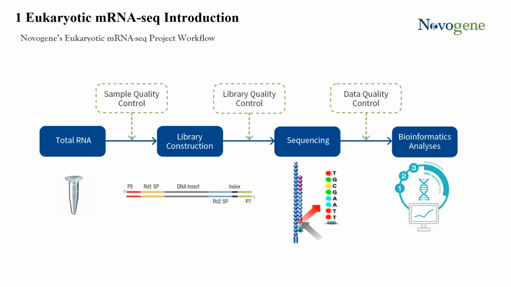So once the library is made, we will look into the library quality. If the quality is good, the next step is going for sequencing. For mRNA sequencing, we use the NovaSeq 6000 sequencing platform using a paired-end 150 sequencing strategy. When sequencing is done, the raw data will go through data quality control, where you will get clean reads filtered of all the low quality reads and adapter sequences.